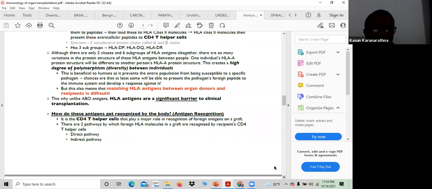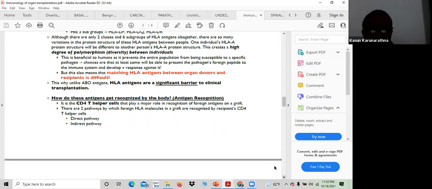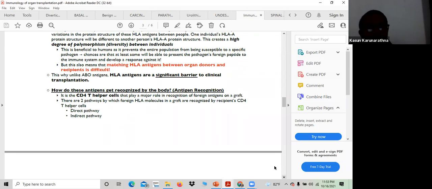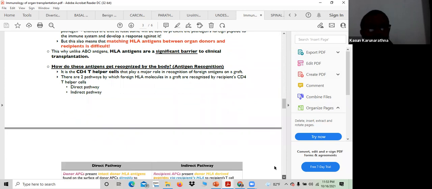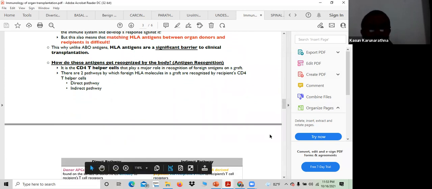Unlike ABO antigens, HLA antigens are a significant barrier to clinical transplantation because there are variations. You have to match. But ABO compatibility you can achieve easily, right? But both are important. You can't choose one over the other. Both are important when it comes to survival. Okay.